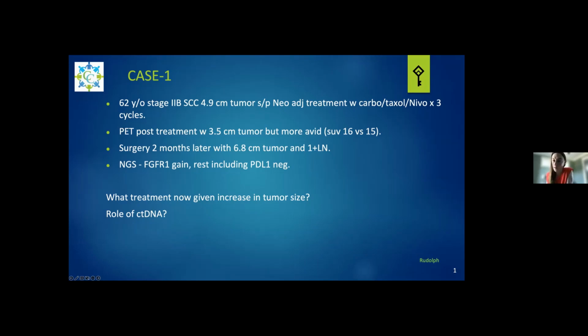If the ctDNA is positive, would you do anything different? So I think if the ctDNA is, sorry, had you just asked if the ctDNA was negative? If the ctDNA is negative and your PET scan is negative, you might be okay doing nothing. If your ctDNA is positive and your PET scan is negative, then I would treat with Pembro.